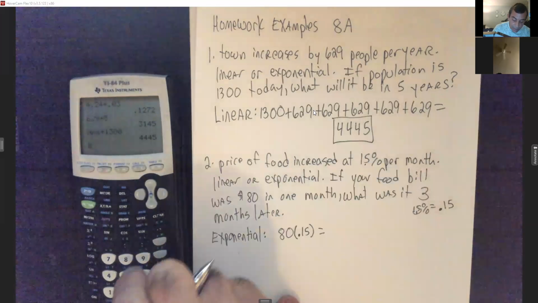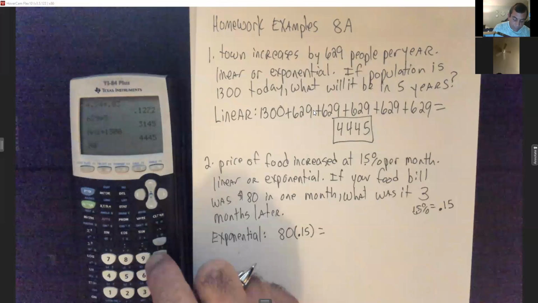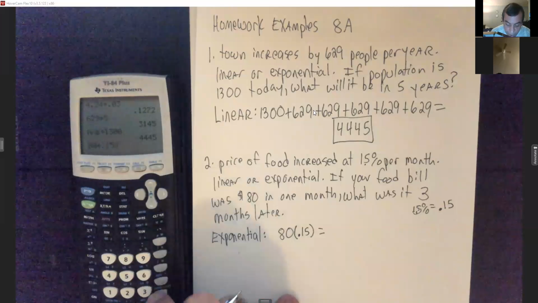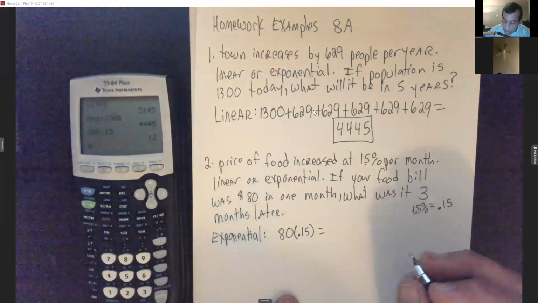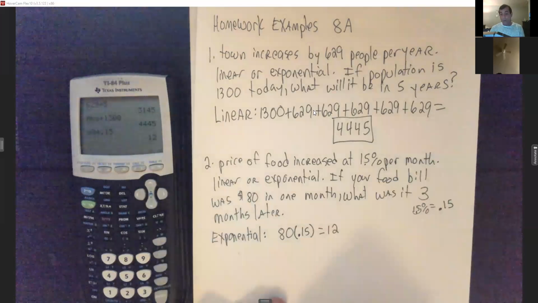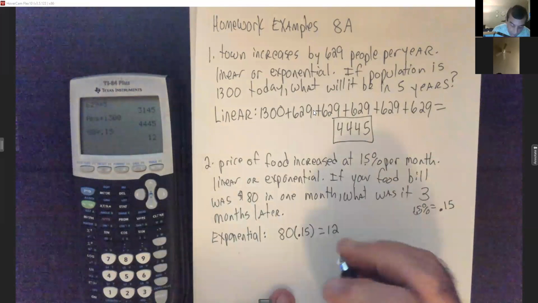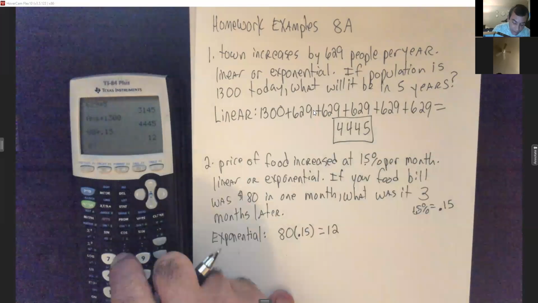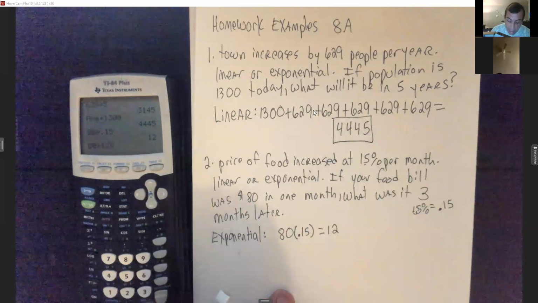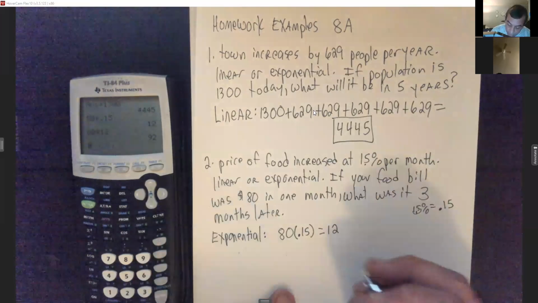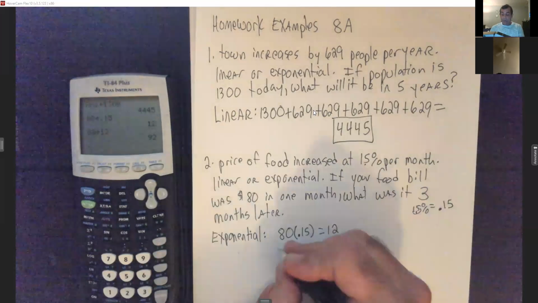So 80 times 0.15 is going to equal $12. Okay, so that's the first month. We went up $12. So 80 plus that 12, after 1 month, my bill went to 92.